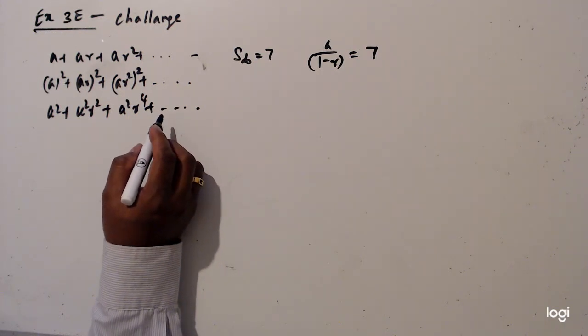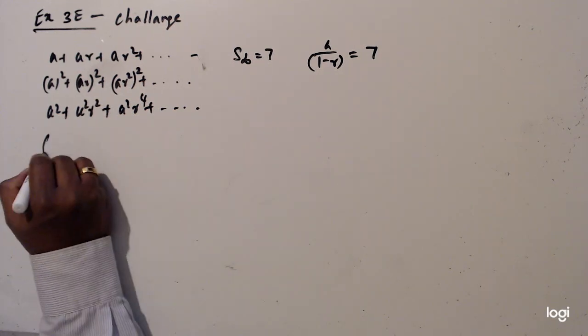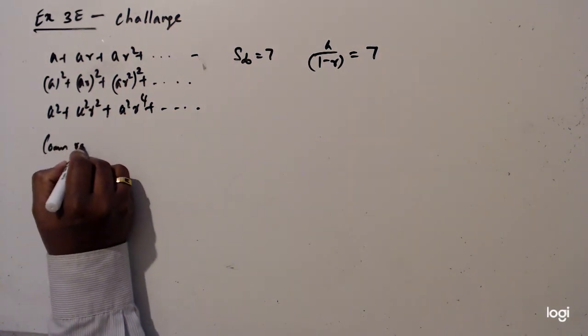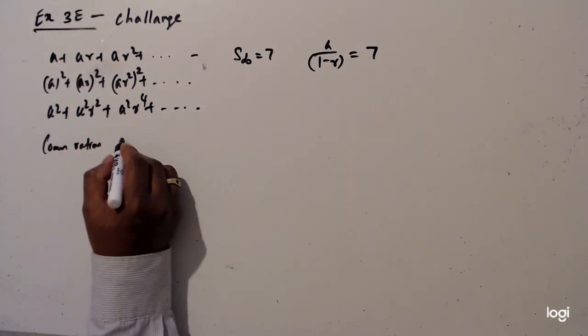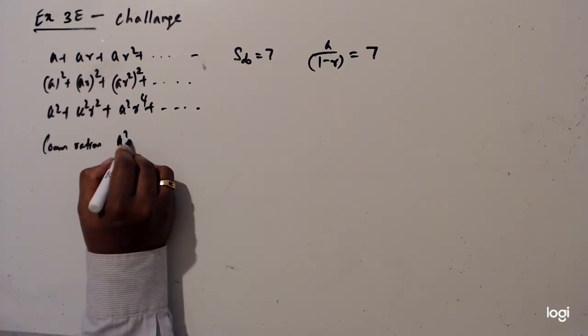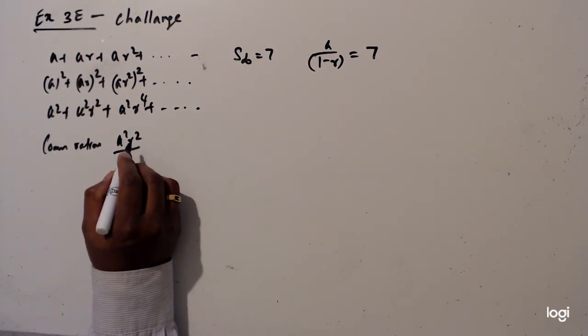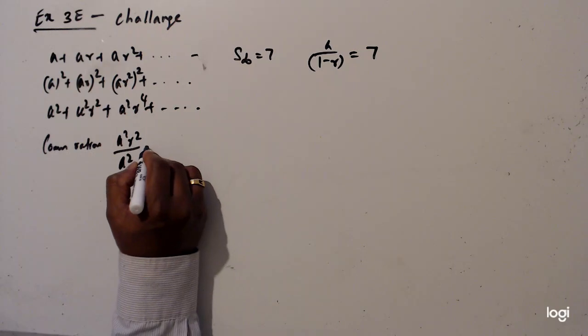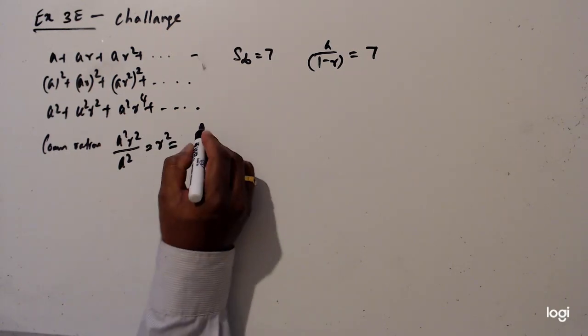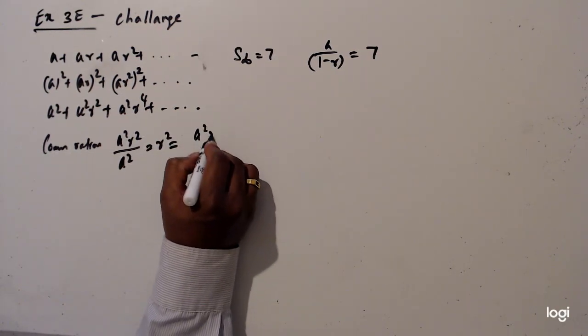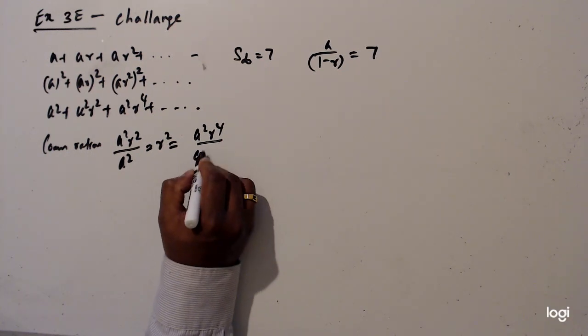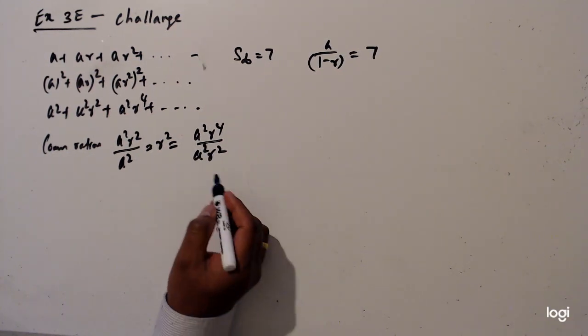Show that the second series is also a geometric series. So we want to check the common ratio. So a squared r squared over a squared, that is r squared, equals a squared r to the 4 over a squared r squared.